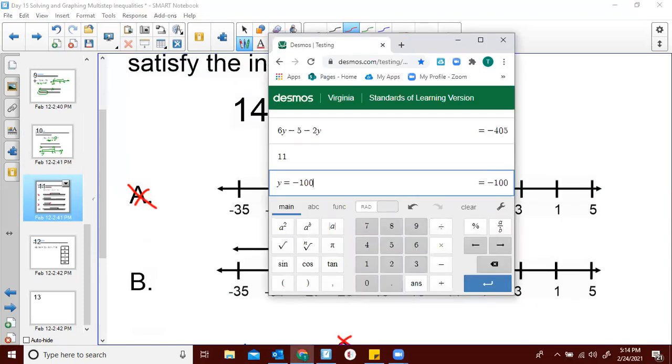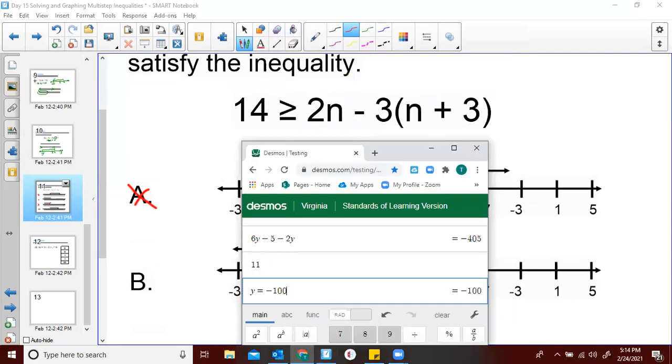But if I'm using Desmos, let me just go ahead and plug in my inequality. So left-hand side and the right-hand side. And let's try, what do you want to try? Let's try a positive 100. All right.